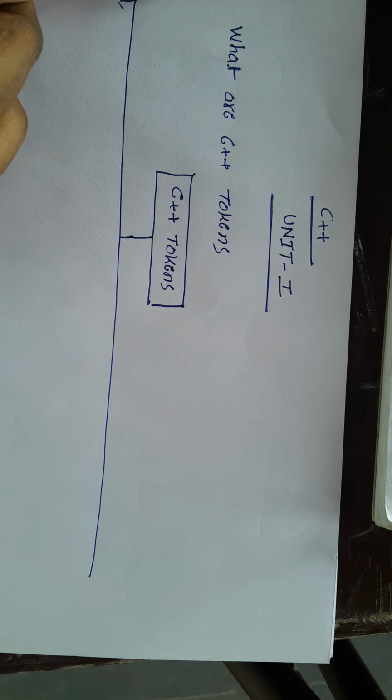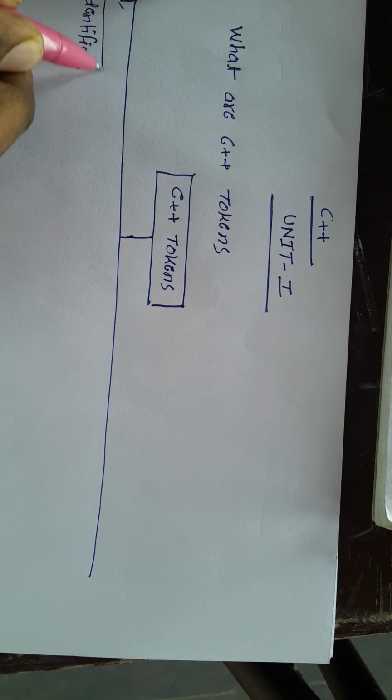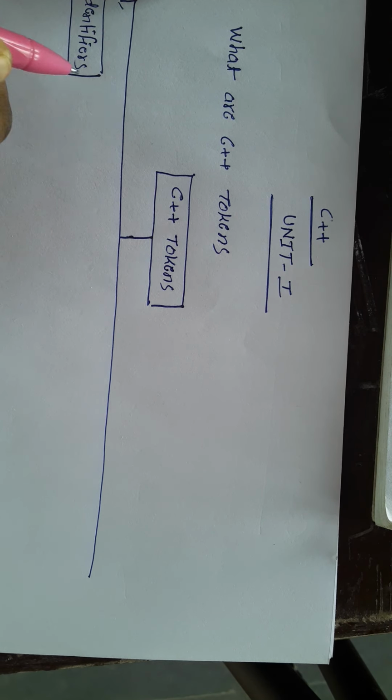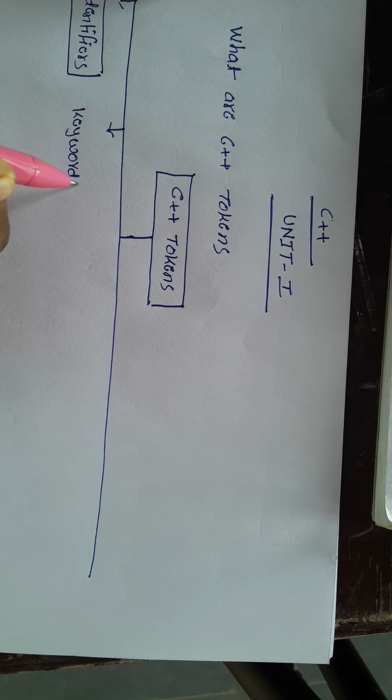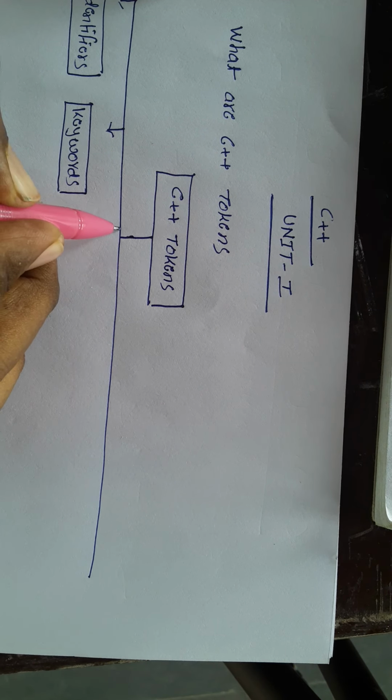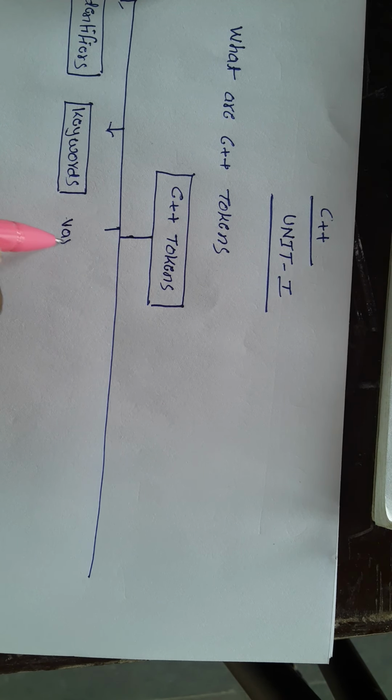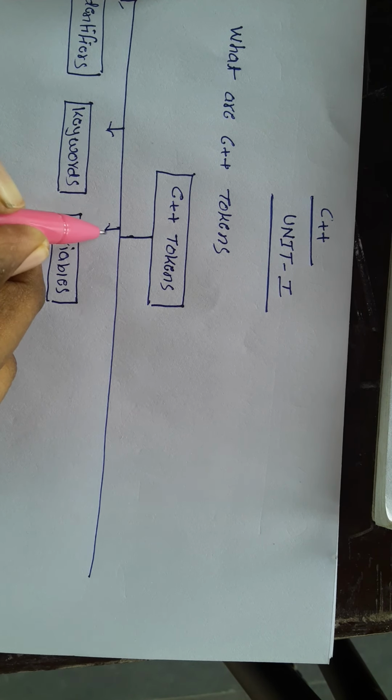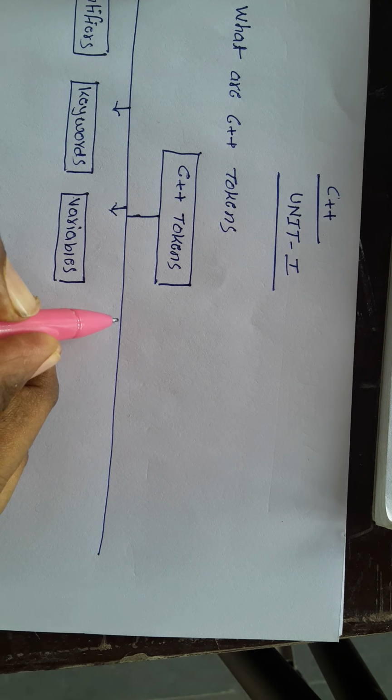First one, identifiers. Second, keywords. Third, variables. Fourth, constants.